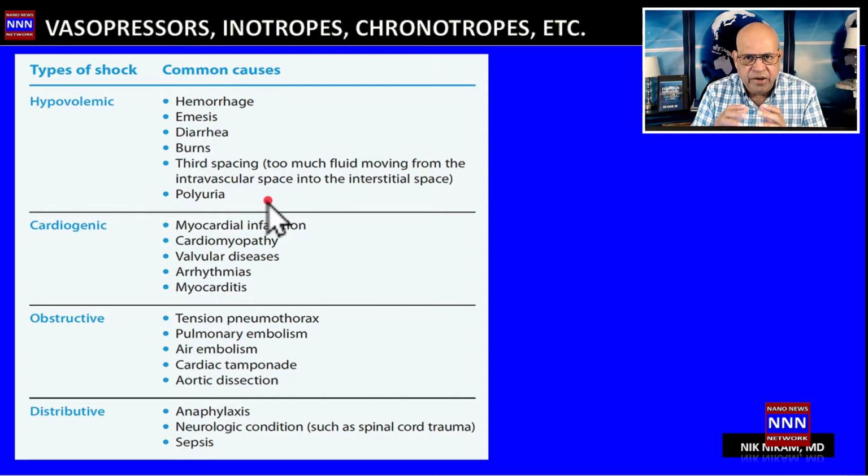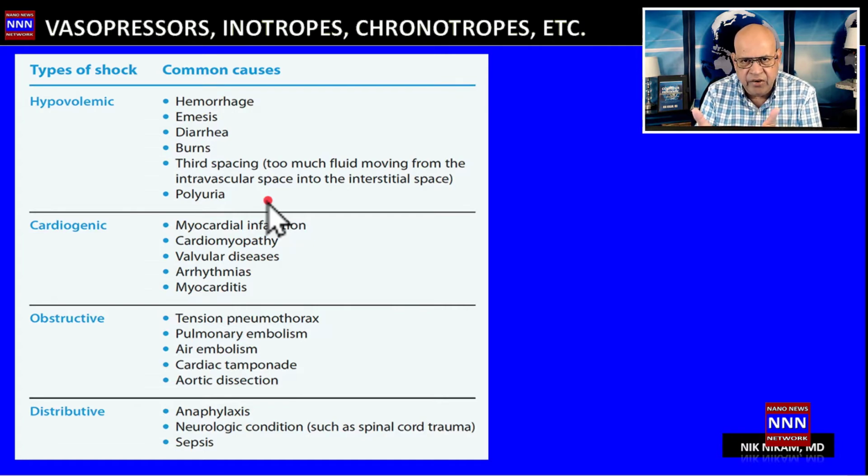What happens during arrhythmias is there is reduction in the diastolic filling phase. That means because of the rapid heartbeat, the only thing that shortens is the diastolic phase. That's the time during which the heart fills. When there is reduction in the diastolic phase, less blood is returning to the heart, and when there is less blood in the left ventricular cavity at the end of diastole, the stroke volume is going to be less.